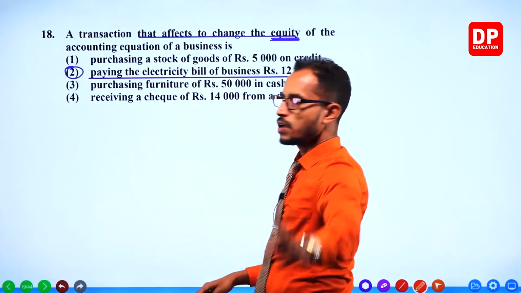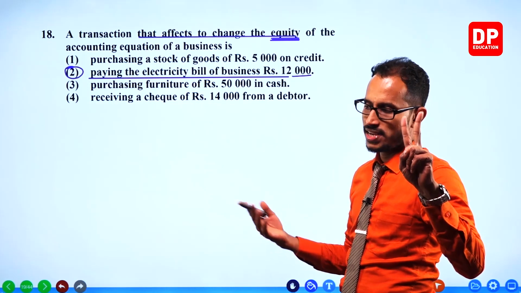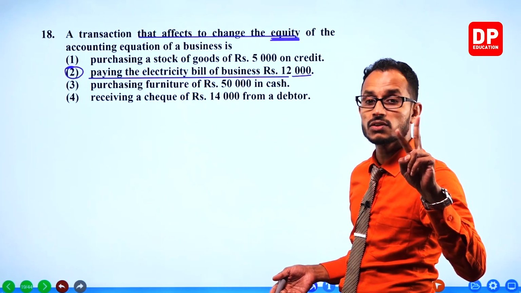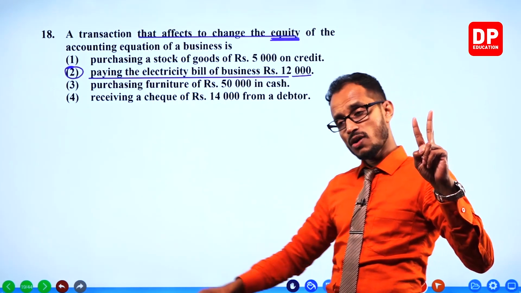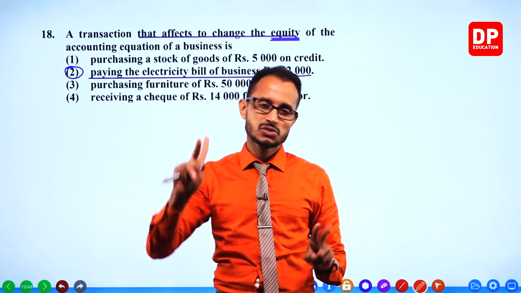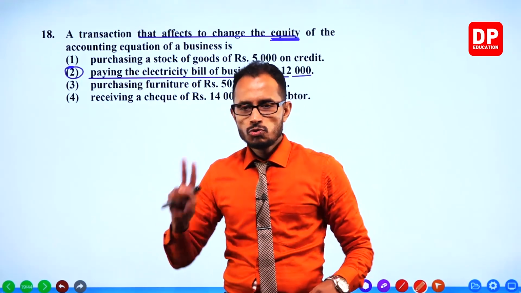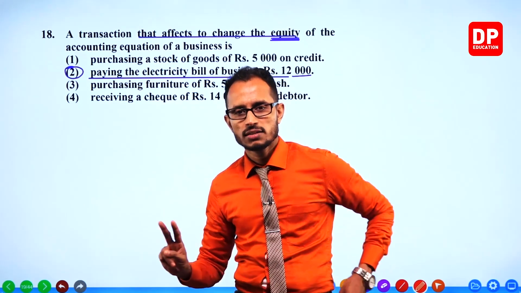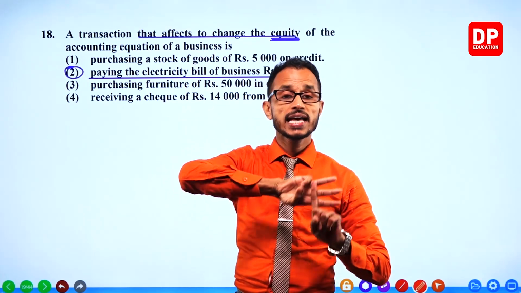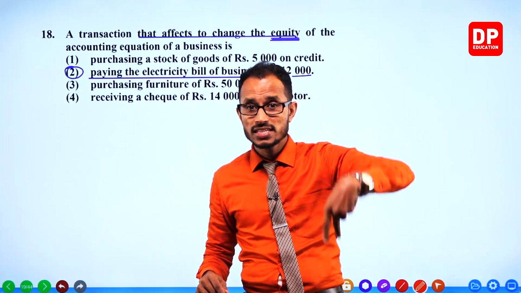You know what? There are two main events or two transactions which can increase equity, and two transactions which can decrease equity. Events or transactions, you can call them whatever. Two items are there. Those two items increase equity. And two other transactions or events are there. Those two transactions decrease equity.